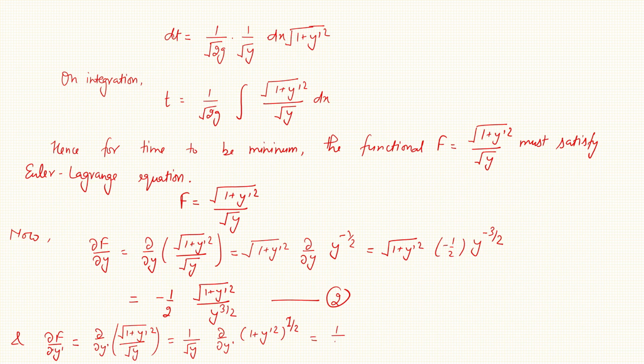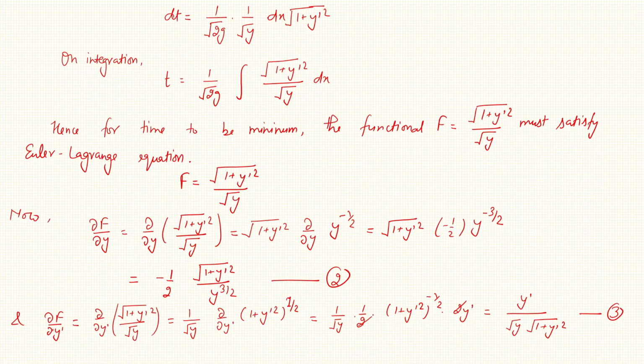This will be 1 upon √y into 1/2 into (1 + y′²) to the power minus half into 2y′. This will cancel out. We will finally have y′ divided by √y into √(1 + y′²). Let us say case number 3.